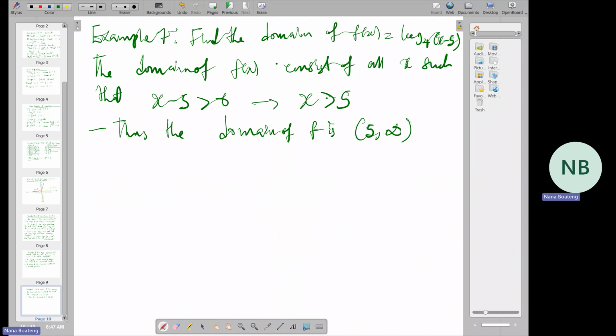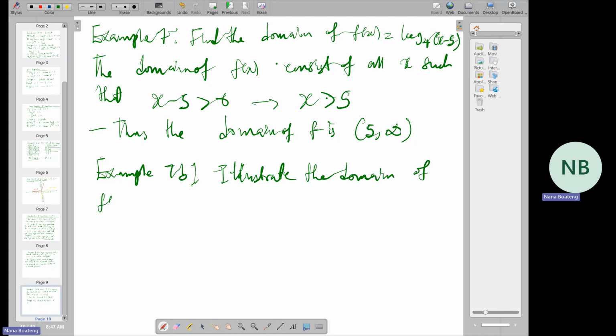All right, so let's look at an auxiliary example to this. Example 7b says illustrate the domain of f of x equal to the log base 4 of x minus 5.